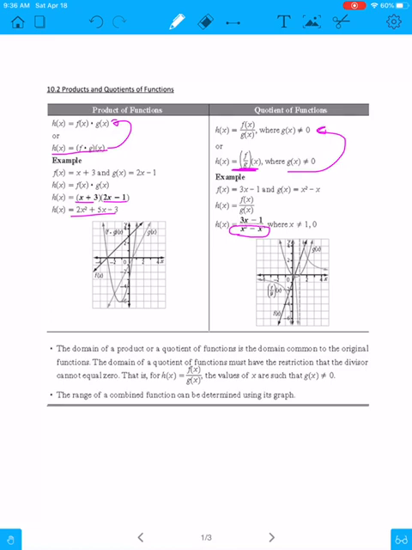With adding, subtracting, and multiplying, where the two graphs both exist is the domain. For dividing, the domain is where they both exist, but also excluding the x values that would make the denominator equal to 0. So for a quotient, you have to do that extra little step: find the x values that don't exist.